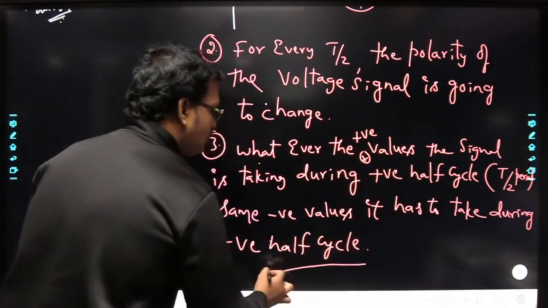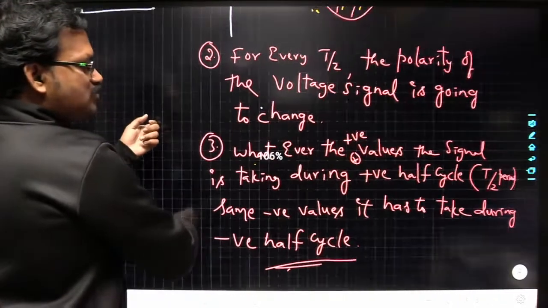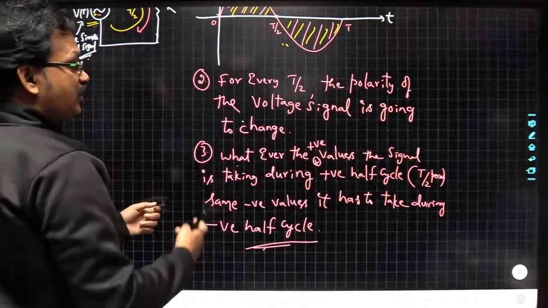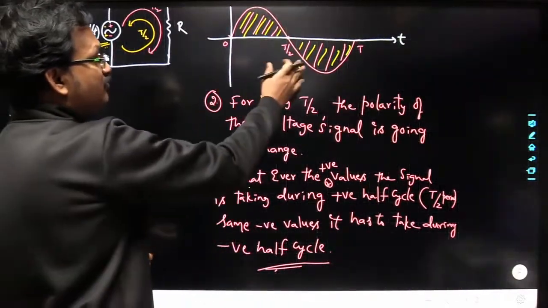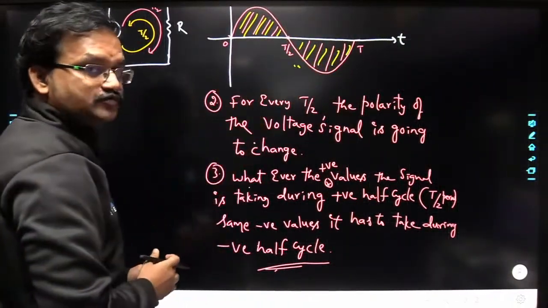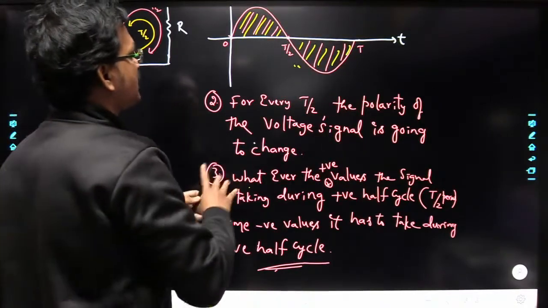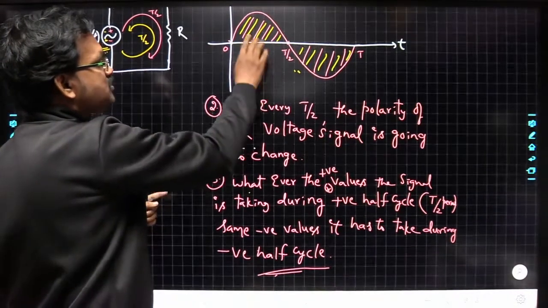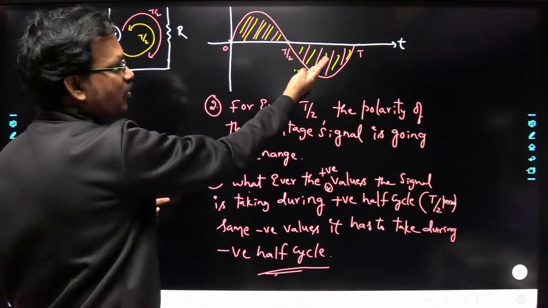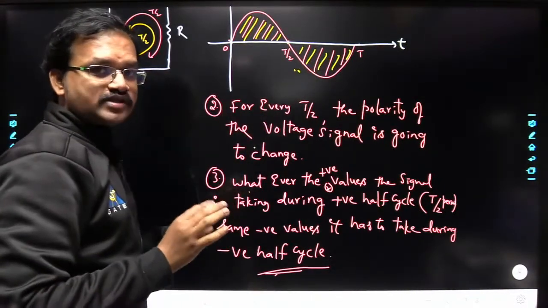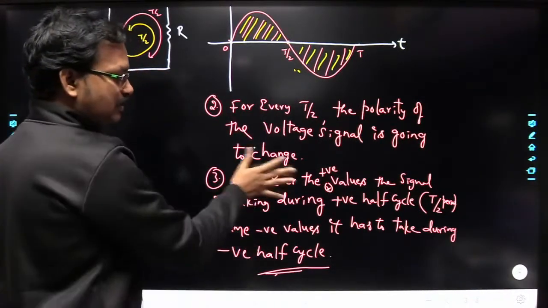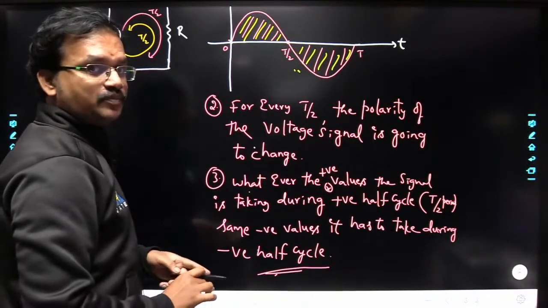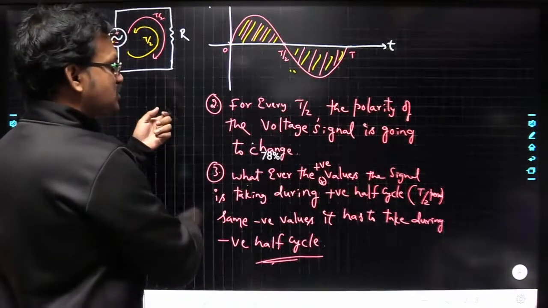So that means what here? What do you mean by this? That means the shape of the positive half cycle and the shape of the negative half cycle must look what? Must look the same. So that's what this statement means here. Okay, so this is the third point here.